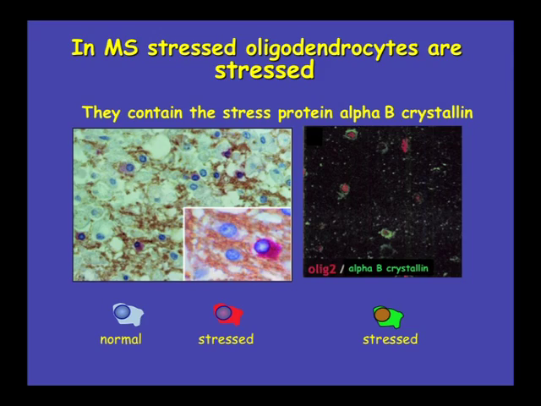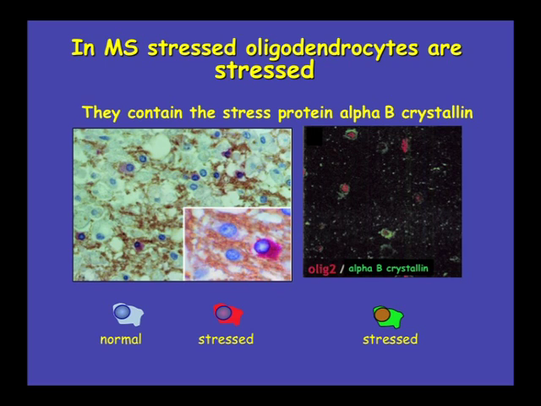Now, one of the things we've been looking at is if you look very closely at these so-called preactive lesions, where the microglia or the macrophages become activated, we know in those areas that the oligodendrocytes, the cells that make the myelin, become stressed. So here's a normal oligodendrocyte, here's a stressed one in red.